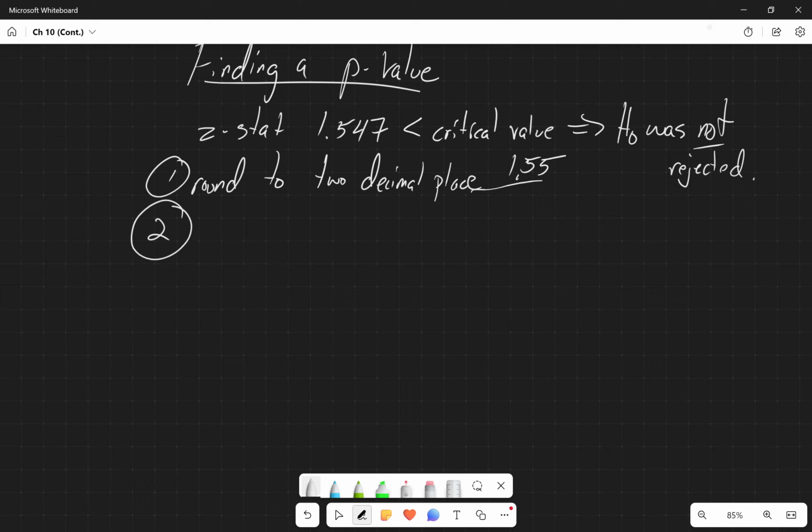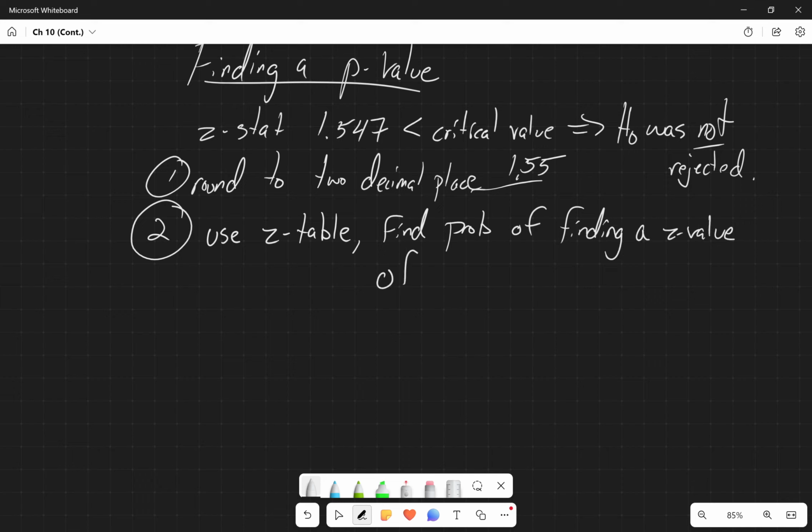And then we're going to use our Z table to find the probability of finding a Z value of 1.55 or more.